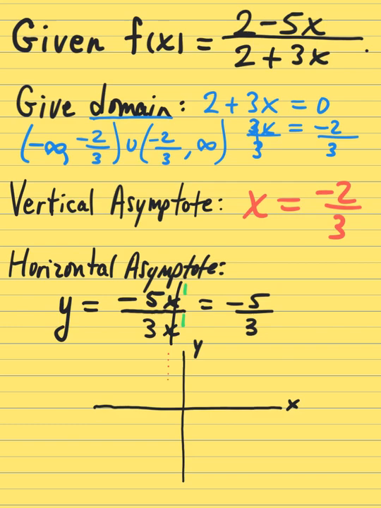That's going to create an invisible barrier where your graph will never be equal to negative 2/3. Your function is undefined at that x value. Your horizontal asymptote is negative 5/3. Y equals negative 5/3.